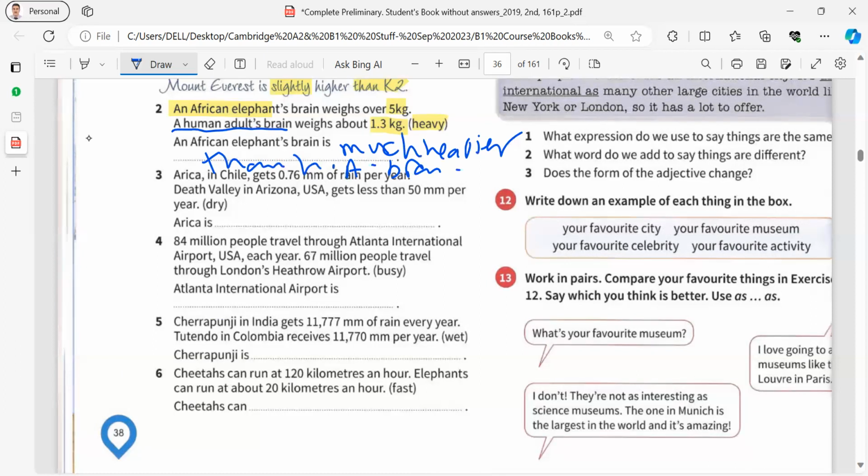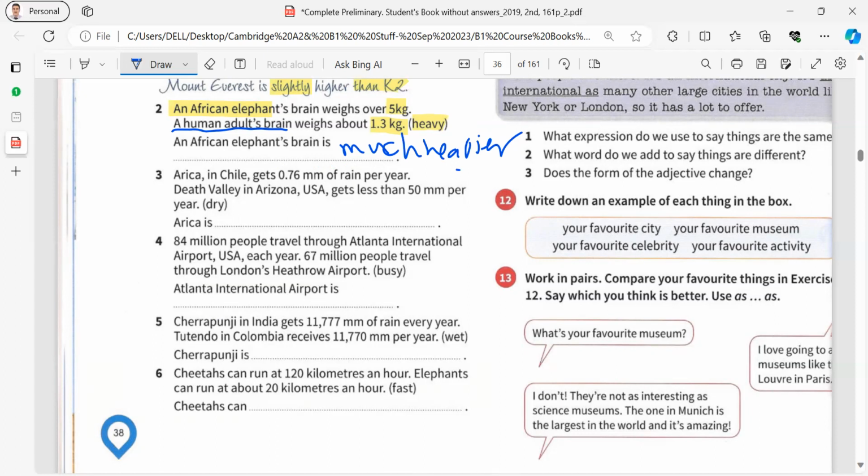Okay, number 3. Arica in Chile gets 0.76 millimeters of rain per year. Death Valley in Arizona, USA gets less than 15 millimeters per year. Dry. Okay, so the structure, please.